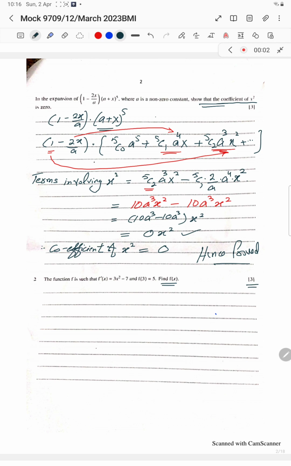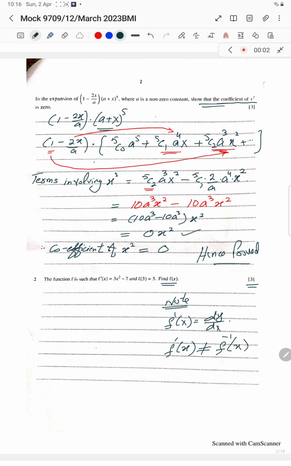The important thing I found while marking the papers, guys, is that you get confused between f prime of x and f inverse of x. Here I'm going to write for you: f prime of x means dy by dx, the first derivative, and f prime of x cannot be equal to f inverse of x.